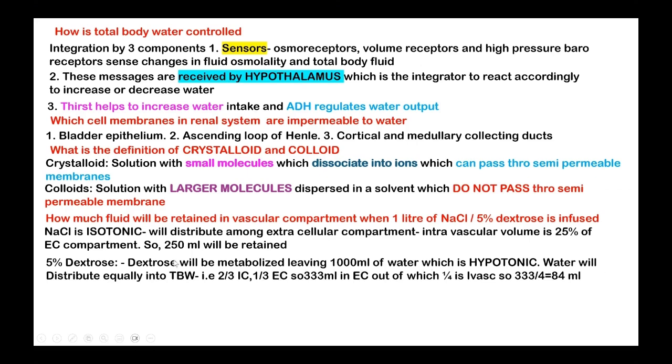So water will distribute equally in total body water, that is 2/3 into intracellular and 1/3 into extracellular. So 333 ml will go out into the extracellular compartment, of which 1/4 is the intravascular compartment. 334 divided by 4, you have only 84 ml left in the intravascular compartment. So this is how the calculation is made.